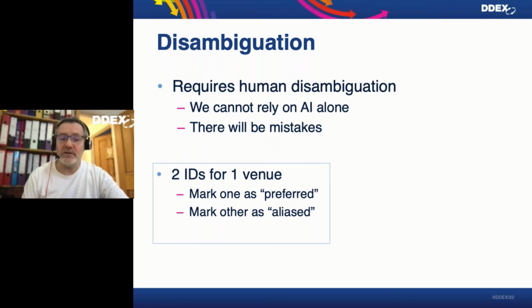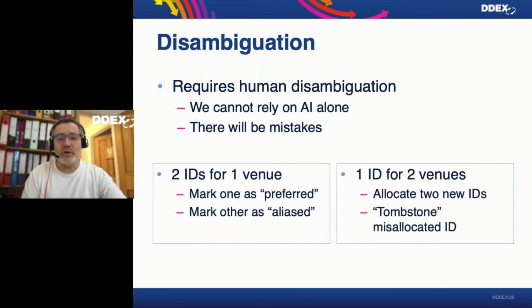You can still use it, and you will end up with a correct venue. It's just not a direct string comparison anymore. If you have one ID, the preferred one, and somebody sends you the aliased one, you can't immediately see that it's the same venue. But if you then ping the system, it will actually come back with a correct one, and you're all set. So there is no proper string fuzzy matching needed, just a call to the API to resolve that.